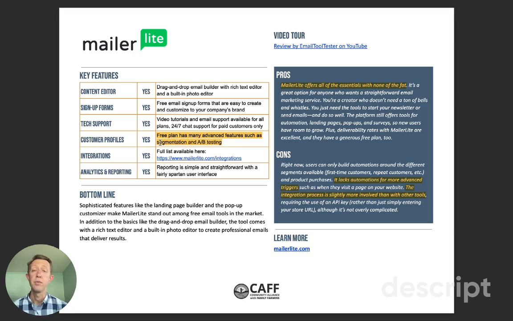A/B testing, if you're not familiar, is a process by which you can test subject lines, for example. So if you say in one subject line, tomatoes are in season, and another subject line you say, come see us at the farmer's market this weekend, you can actually send a small sample set of both of those email headlines with the same content to a group of customers, and whichever headline has the most opens or the greatest click-through rate is the one that all of the rest of the emails will be sent as.